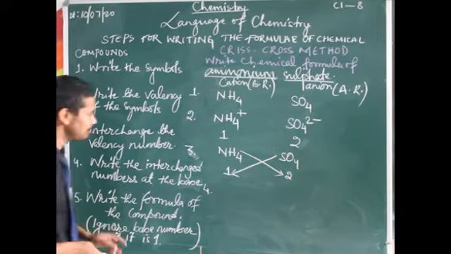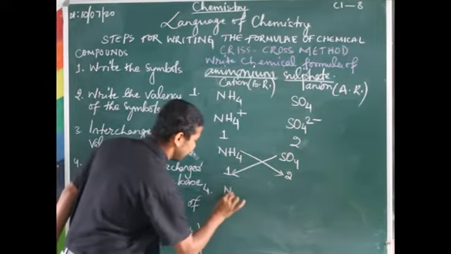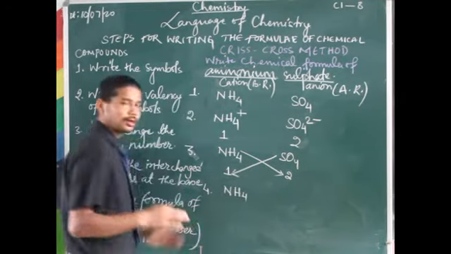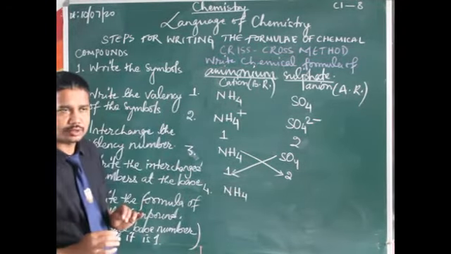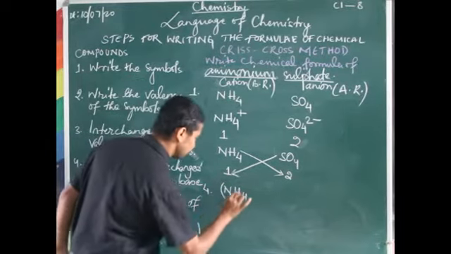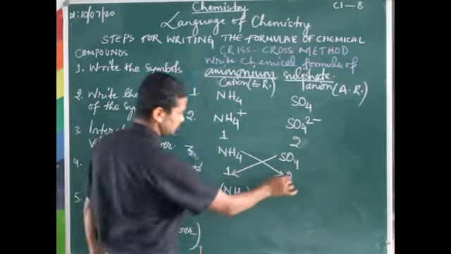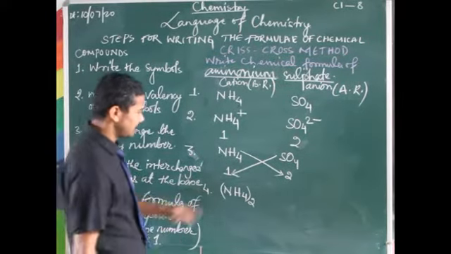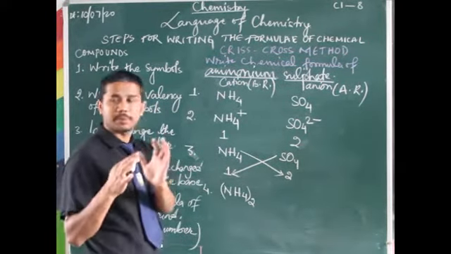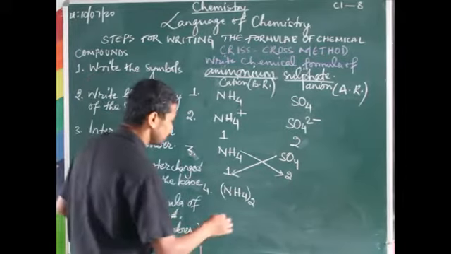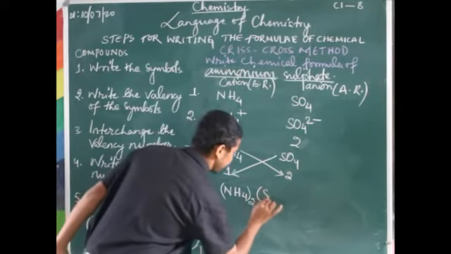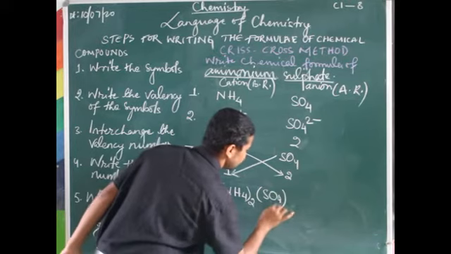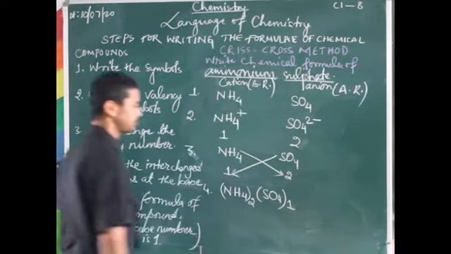NH4, I said, is a group of atoms, that's why you put a bracket and 2. And SO4 is also a group of atoms, so here you will be writing SO4 1.